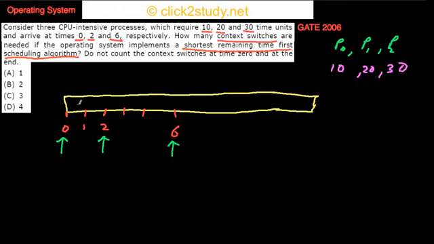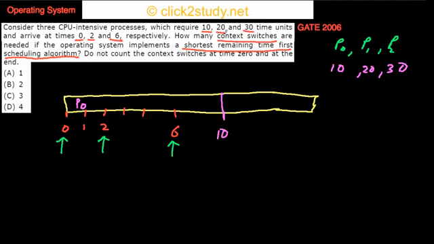So P0 will run first and it will keep on running. At 2 another process will come which needs 20 time units. P0 still has 8 time units, so it's shorter. So P0 will keep on going, and then when this process comes it needs 30 which is still greater. So P0 will keep on going up till this point, that is 10 time units.